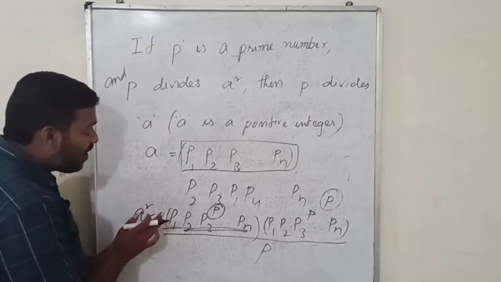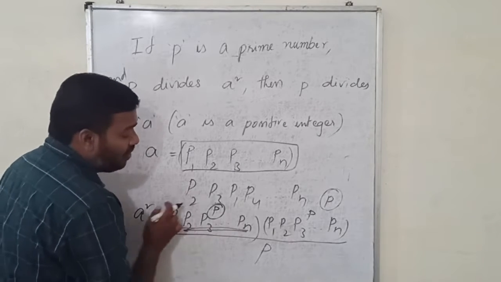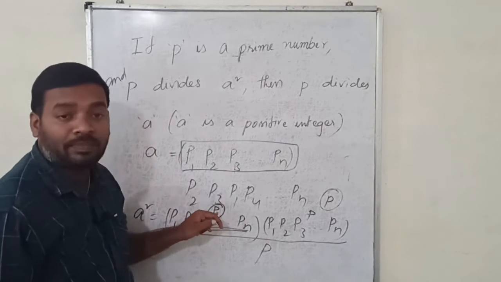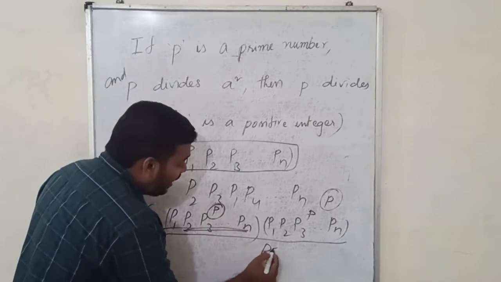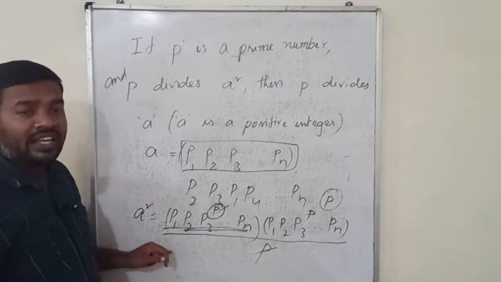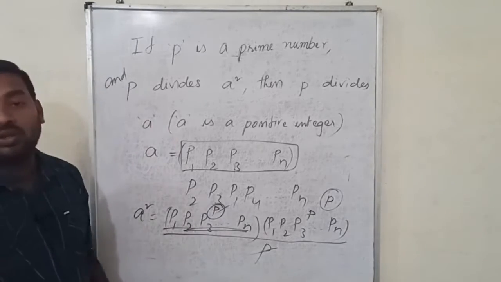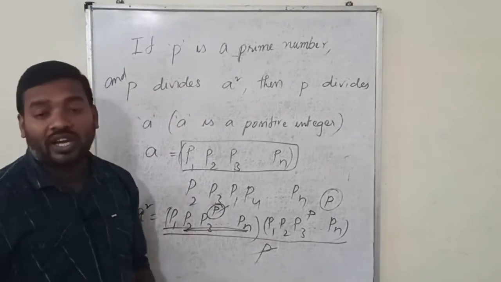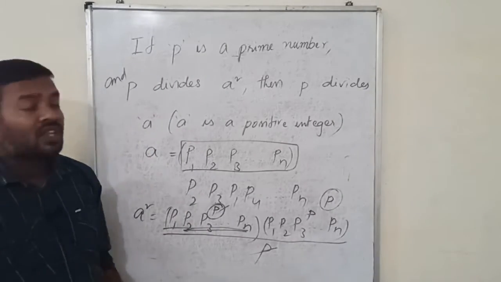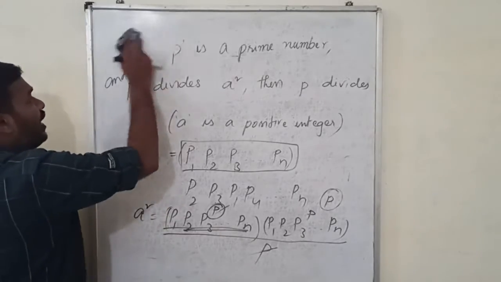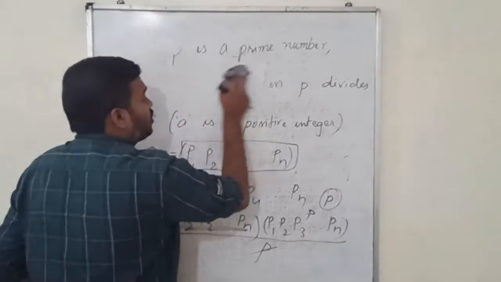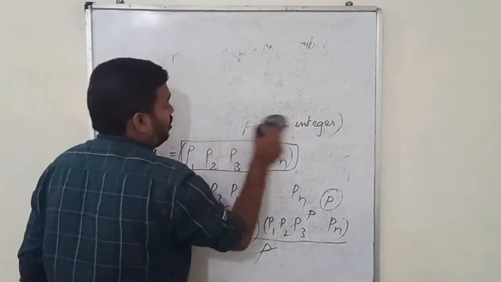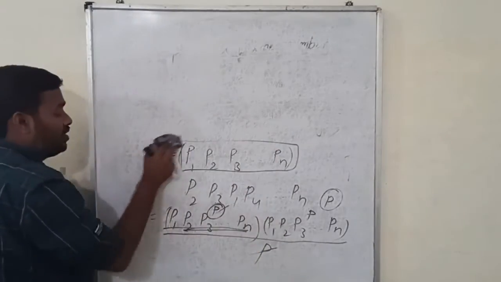That means in the prime factorization of a we have p, that is a prime number. So if it divides a square, then it is dividing a also. So you can say if p is a prime number and p divides a square, then p divides a. We are going to use this in proving the square root of a prime number is irrational.